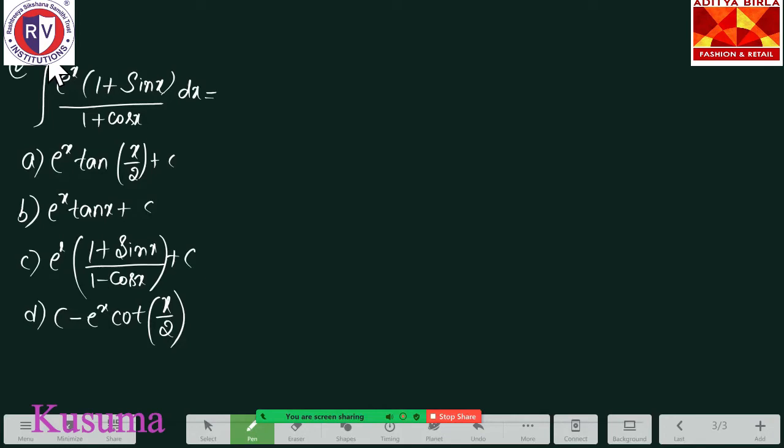Okay. So it is given that we have to find out the integral of this expression. So what I'll do is, since in most of the options there is tan, I will try to convert this into an expression having tan.